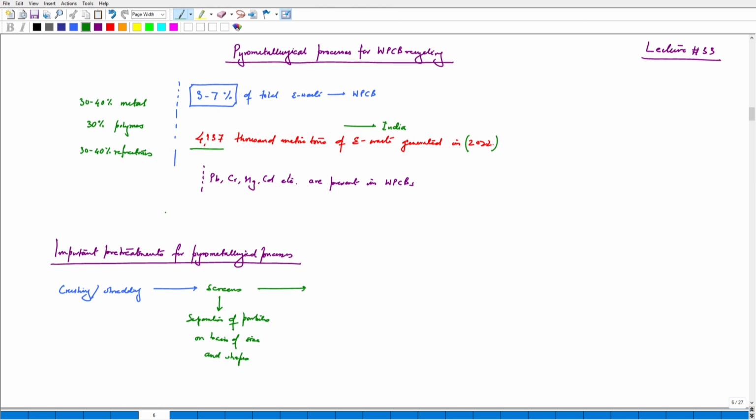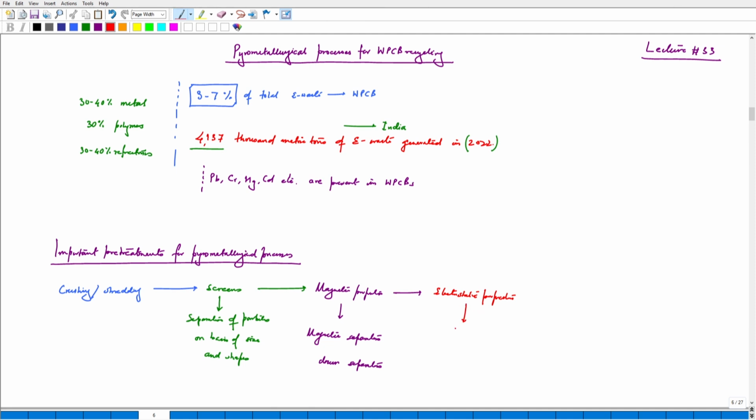Then we have magnetic properties. We are using what? We are using magnetic separators or drum separators. And then we have electrostatic separators, electrostatic properties.